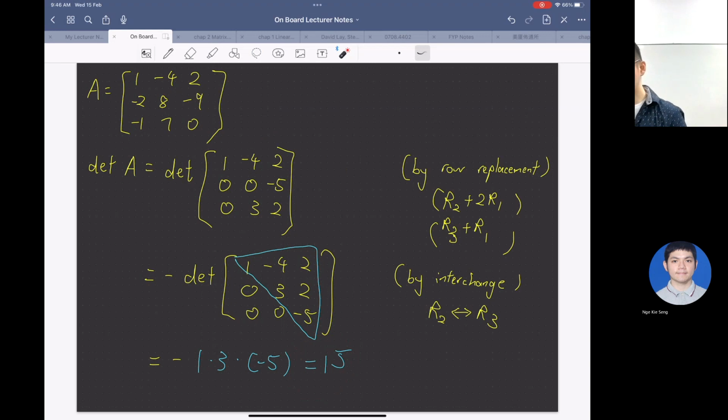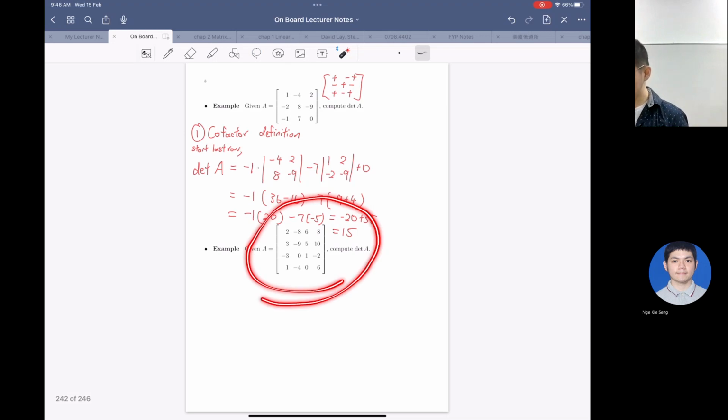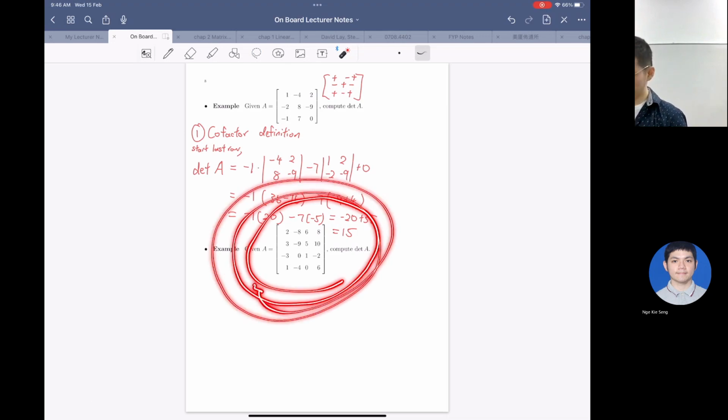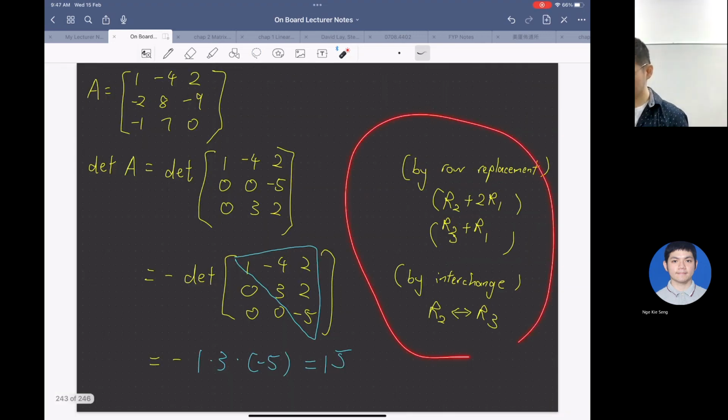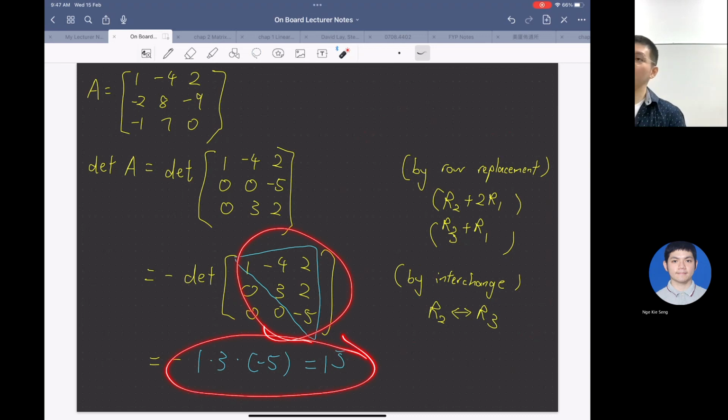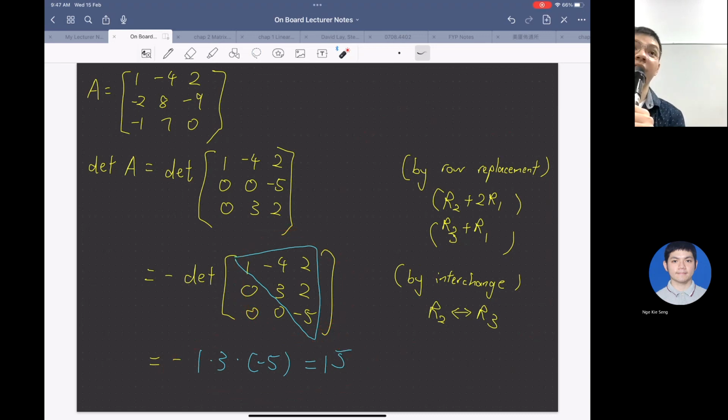In the 3 by 3 case, the calculation is almost the same length. But when you go to larger and larger matrices, the cofactor expansion will have longer steps, whereas for this, you can just reduce to triangular form and then get the determinant.